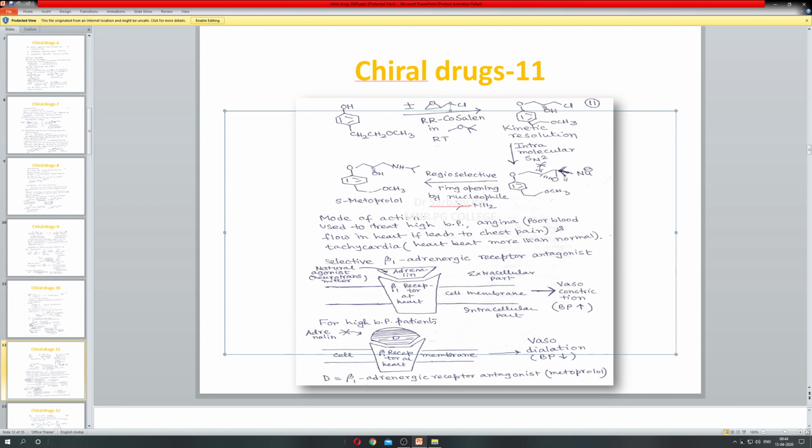What is that nucleophile? The nucleophile is isopropylamine, which will attack here. The OH will come onto the chiral carbon. So in this way we will be able to prepare Metoprolol from a para-substituted phenol.